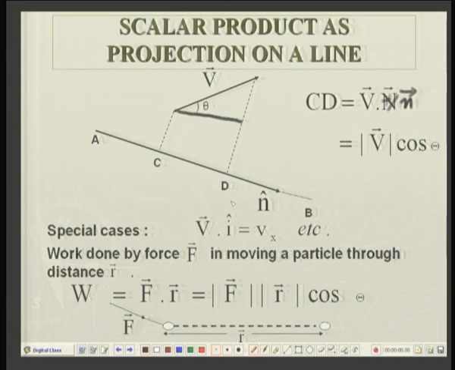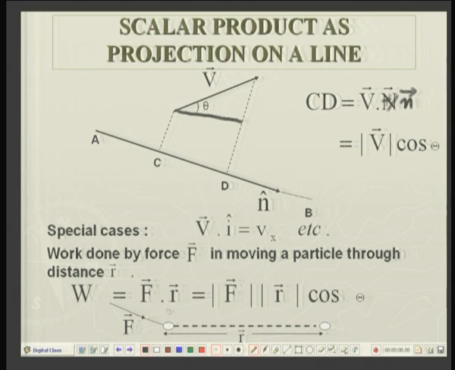The application of this concept is in the determination of work done by a force. You must have learnt in your earlier mechanics courses, perhaps in physics or elsewhere, that the work done by a force in moving a particle from position 1 to position 2, that is along a vector r, is equal to the magnitude of force times the distance times the cosine of the angle between the force and the direction of movement, that is magnitude F times magnitude r times cosine of angle theta.